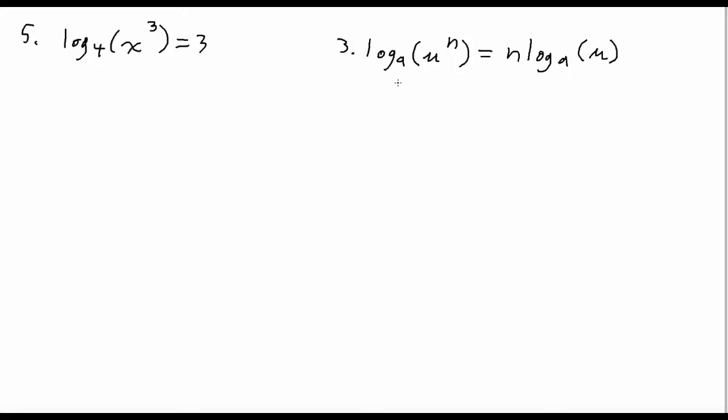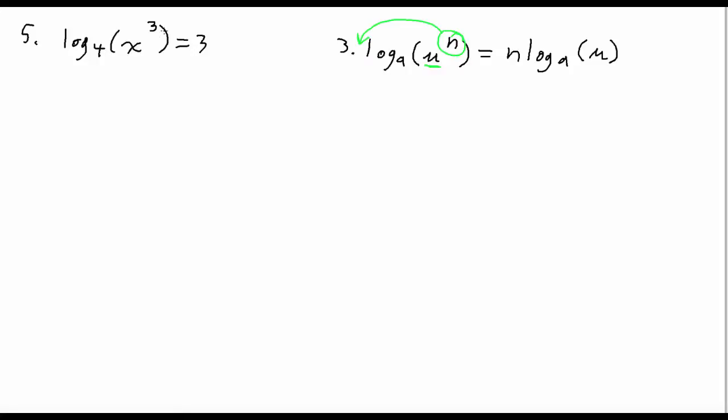It states that the log base a of u to the n power is equal to n times the log base a of u. Well, how does this help us? Well, basically, it means you can take whatever's in the power position of the term that's down here and move it outside.